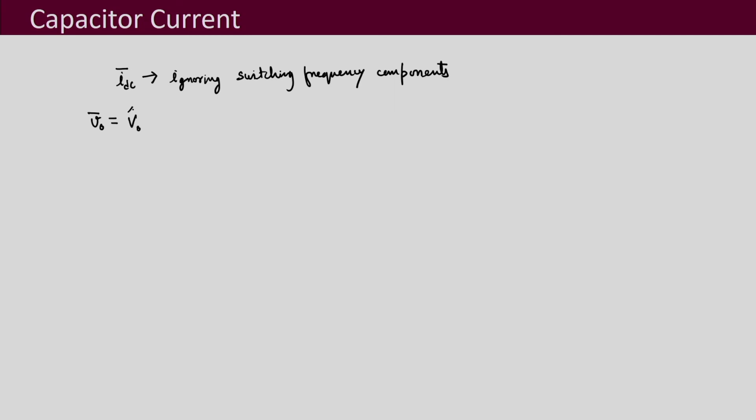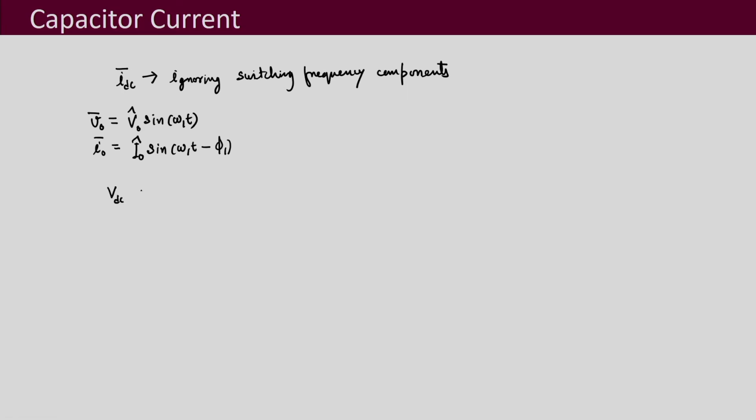So, VO bar is VO hat sine of omega 1 t, and IO bar, which is also the average of the output load current over one switching time period, is IO hat sine of omega 1 t minus phi 1, where there is a lag of phi 1.